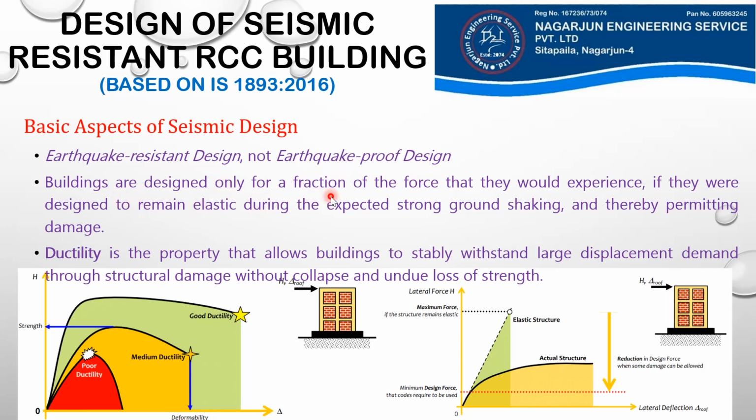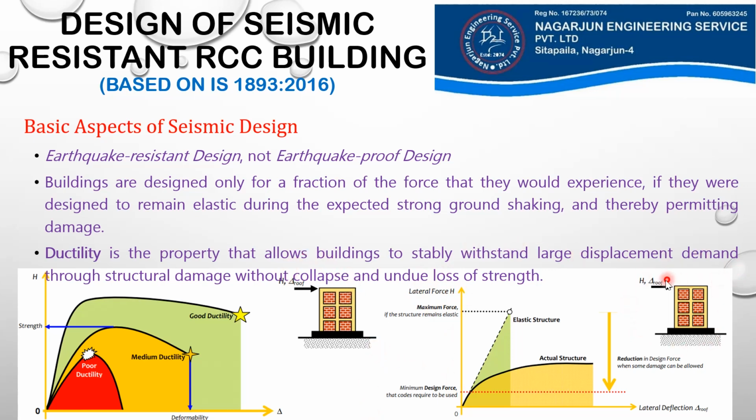Buildings are designed only for a fraction of the force that they would experience if they were designed to remain elastic during the expected strong ground shaking, and thereby permitting damage. Let's look at this graph. In the horizontal axis, we have the lateral deflection of the roof, delta roof, and in the vertical axis, we have the lateral force.